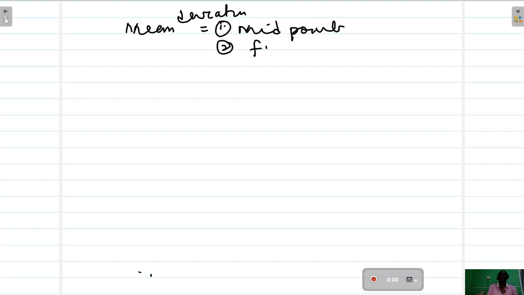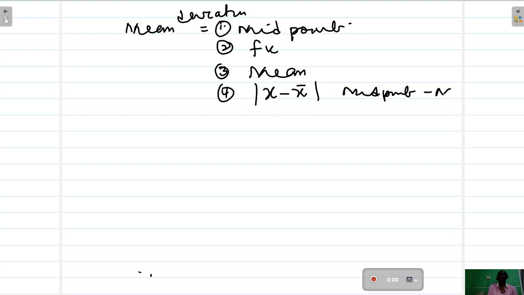So for mean deviation with group data, first you find the midpoint, then second you find your fx, then third you find your mean, then fourth you use the absolute value of x minus x bar, which is the midpoint minus the mean individually.